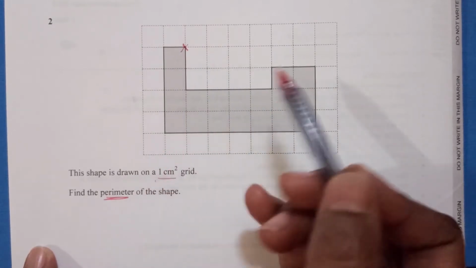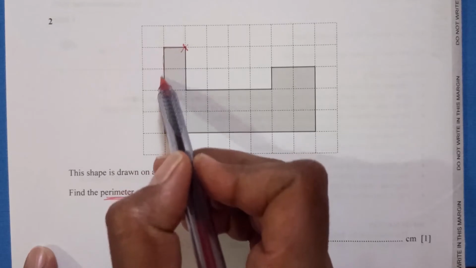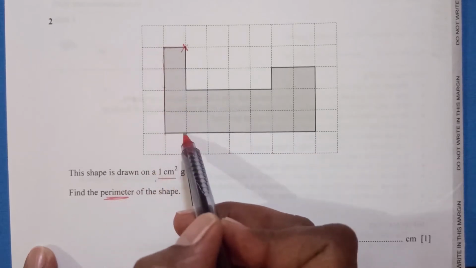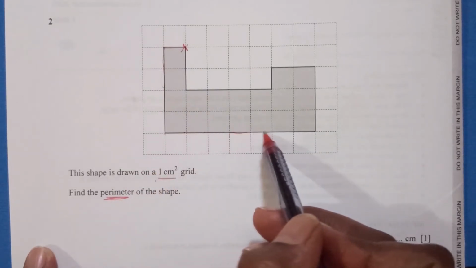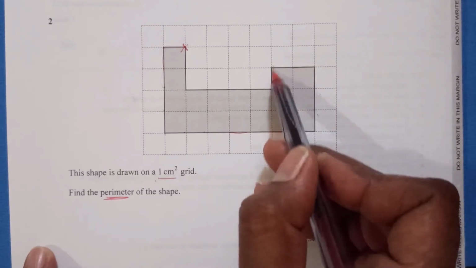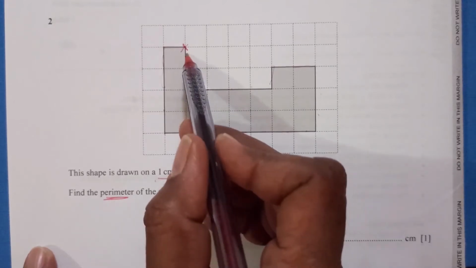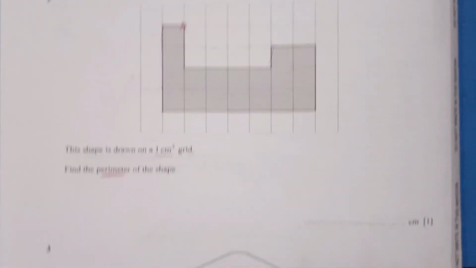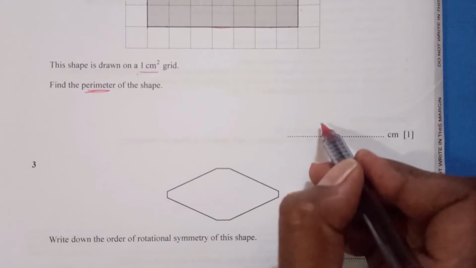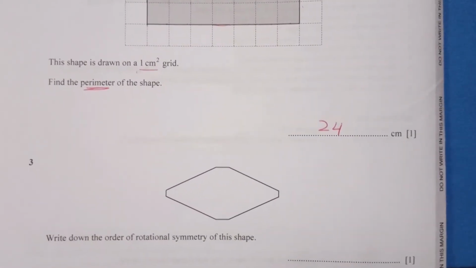So we can start from here and count 1, 2, 3, 4, 5, 6, 7, 8, 9, 10, 11, 12, 13, 14, 15, 16, 17, 18, 19, 20, 21, 22, 23 and 24. So the length is 24 centimeters all around the shape, that is the perimeter, right?